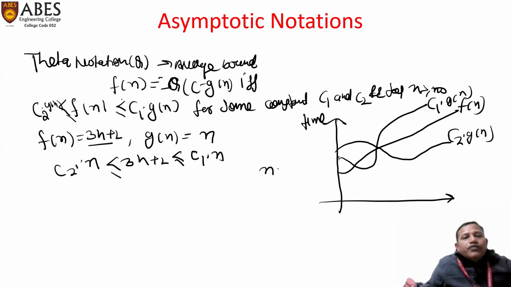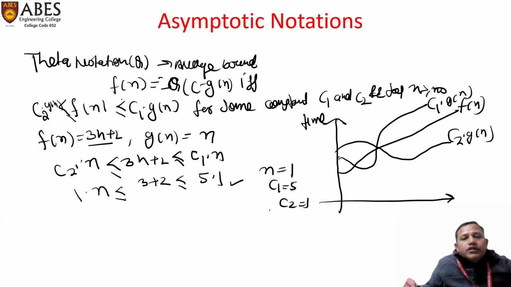If we put the value of n equal to 1, then it will be 3 plus 2 is less than or equal to, if we put c1 equal to 5, it will be 5 into 1, and if we put c2 equal to 1, it will be 1 into n. The condition will be true. We will find only a value of c1 and c2, we will only change the value of n.